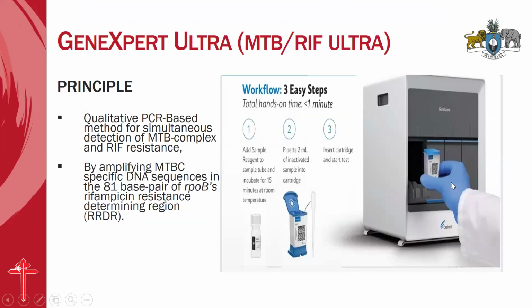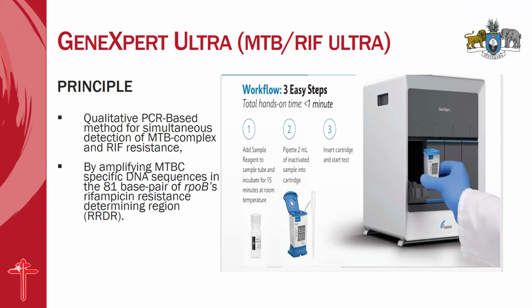Then the GeneXpert Ultra, we know that the principle of this one is a qualitative PCR-based method for simultaneous detection of MTB complex and the RIF resistance. So it gives you two results: the MTB complex result as well as the RIF resistance.